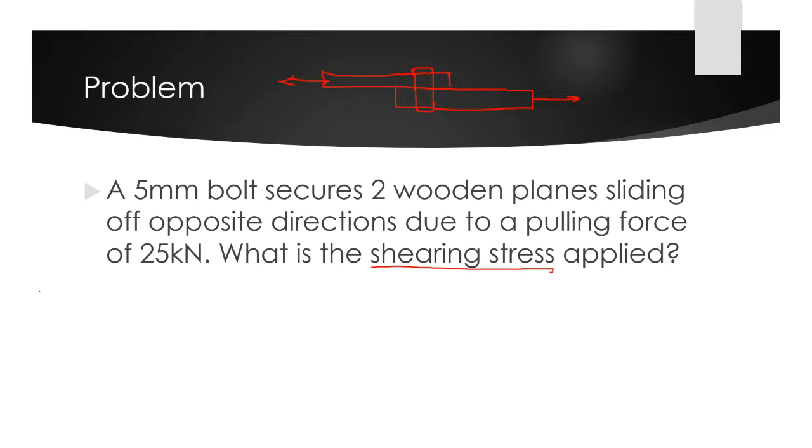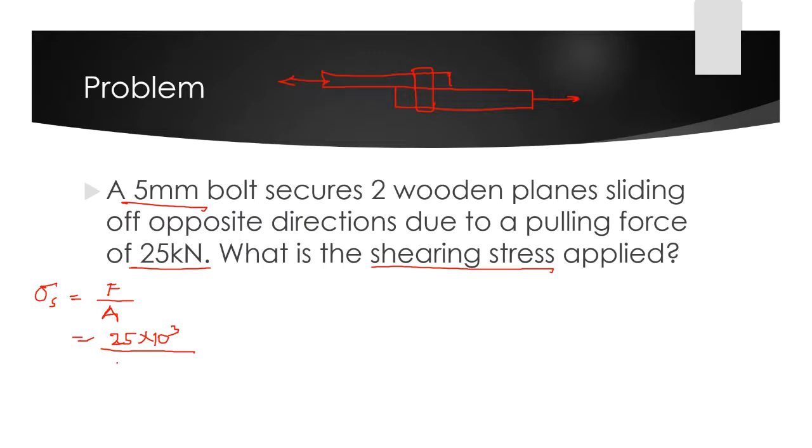So the same formula, we have to use stress is equivalent to F over A. So the force here is 25 kilonewton, so that's 25 times 10 cubed. And the area is the 5 mm bolt, or this is the diameter.